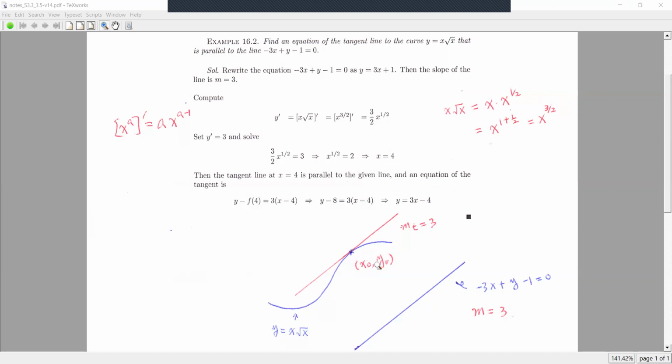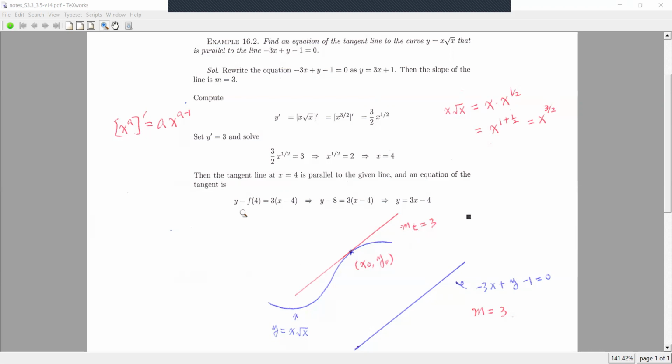So this point, the x coordinate is 4. The y coordinate is the function value at 4. Now about this tangent line, we know one point and also the slope of the tangent line. So by point slope formula, we can write down the equation of this line.